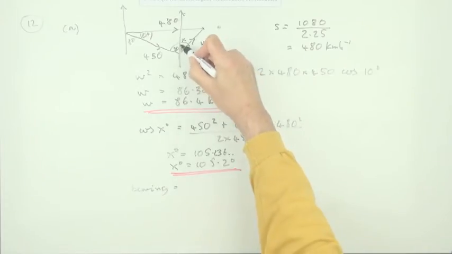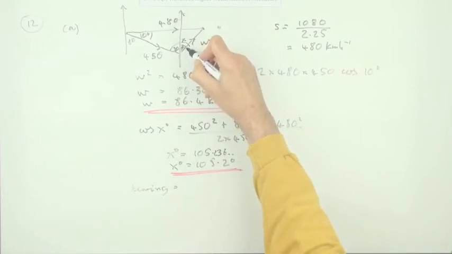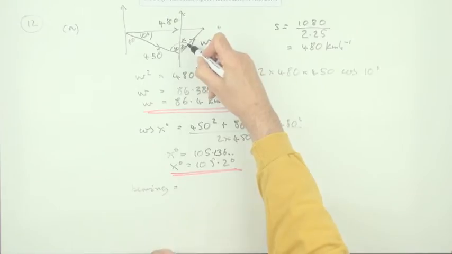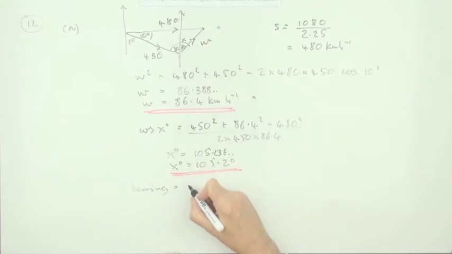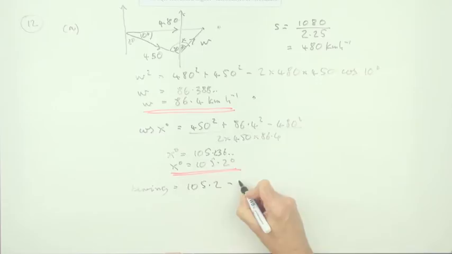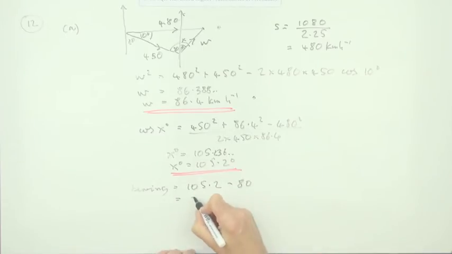So the portion you want for the bearing, that's the angle from north, it would be that whole corner, which you worked out, minus 80. So that angle must be 105.2 minus 80, which is 25.2, except in a bearing it should have three figures for the whole part, so 025.2.